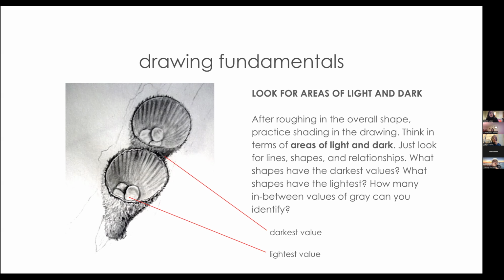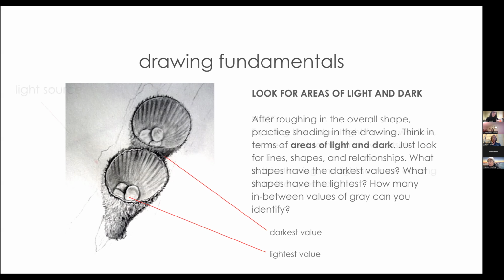Finding what's the lightest part of the overall composition, where's the brightest highlight, where's it reflecting, and where are the darkest darks, and then what are the grays that you can establish in between those, and using your little paper blender tool to blend those grays around, and you can use your kneaded eraser to pick some of the graphite up, so you're working back and forth between light and dark.